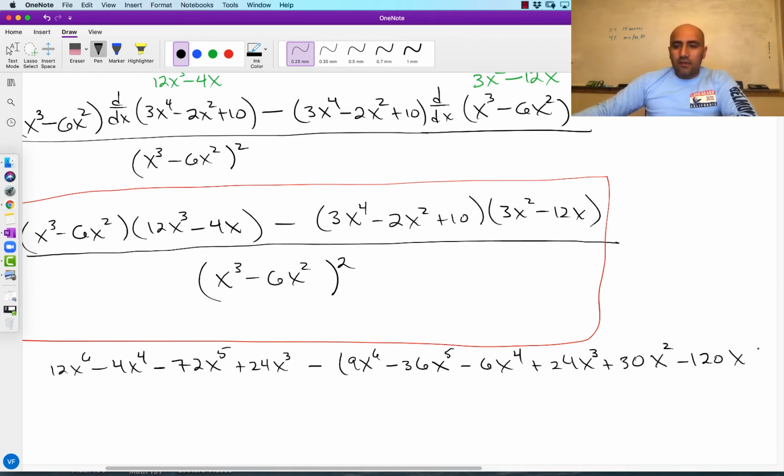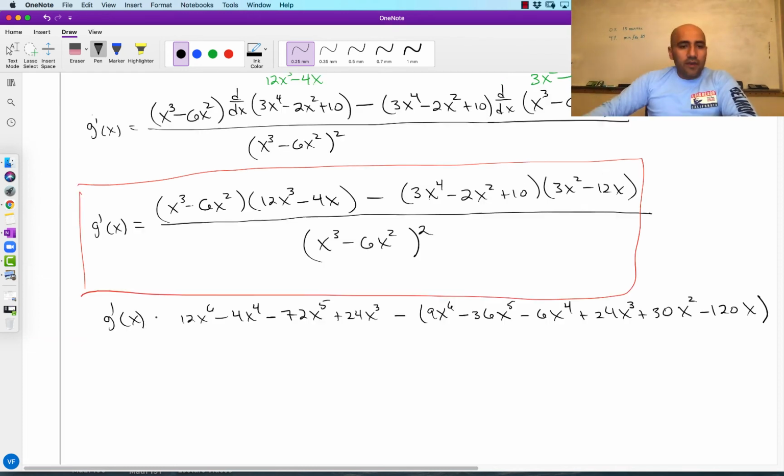Let's put that in parentheses. That's the numerator, and then that whole thing gets divided by the product of these two.